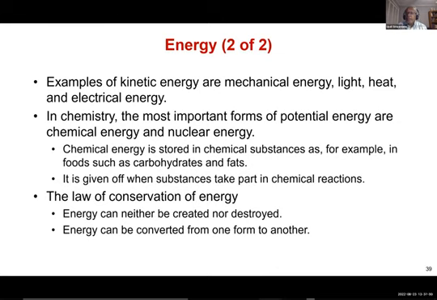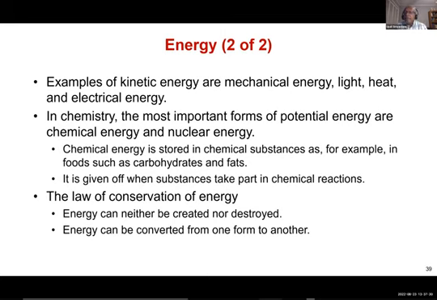Heat is also a kinetic energy. Heat is due to the kinetic energy of particles making up matter. The faster the particles move, the more heat it has, or the temperature is higher.